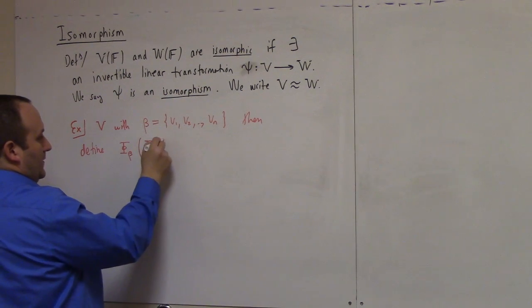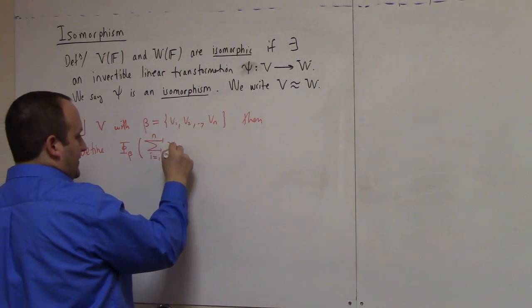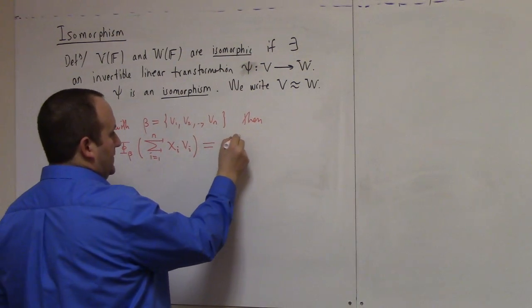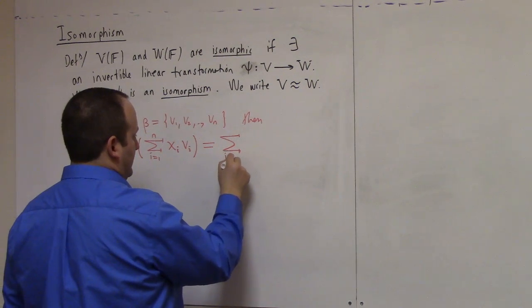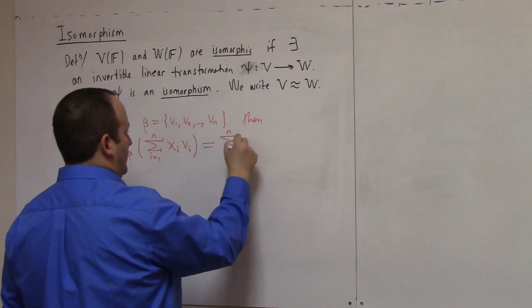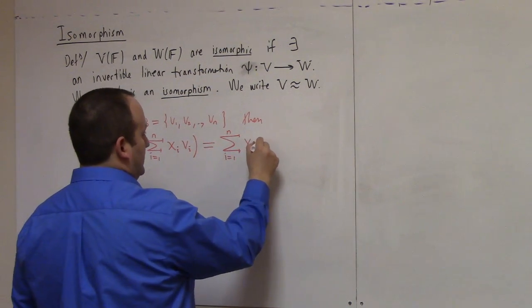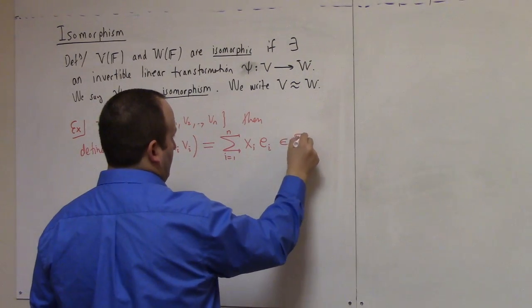The sum over i equals 1 to n of x sub i v sub i is sent to the sum of x sub i e sub i. Oh man, I missed my chance. Phooey. Oh well, it's too late, I've already written this much. And that changes to e i. Of course, this is an element of F^n.